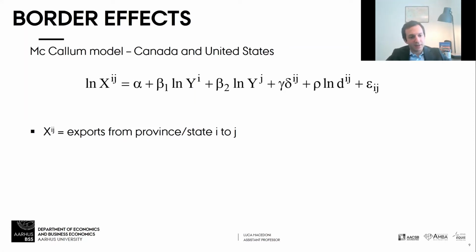Now, these bilateral exports are regressed against the GDP of the province or state, which is the origin i, and the province or state of the destination j. So these log yi and log yj are basically the gravity terms, right? That reflect size.